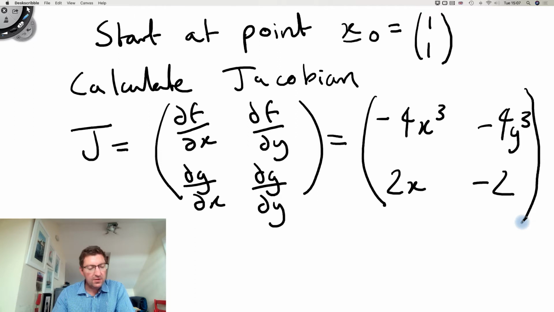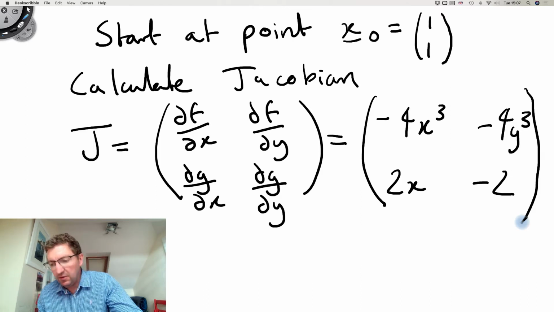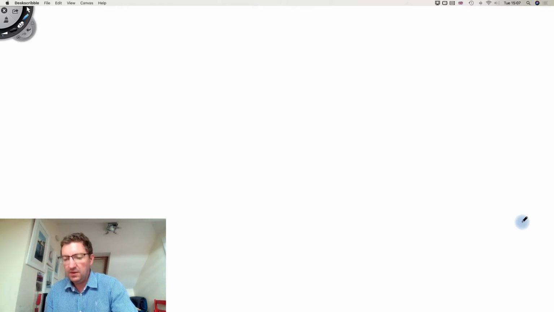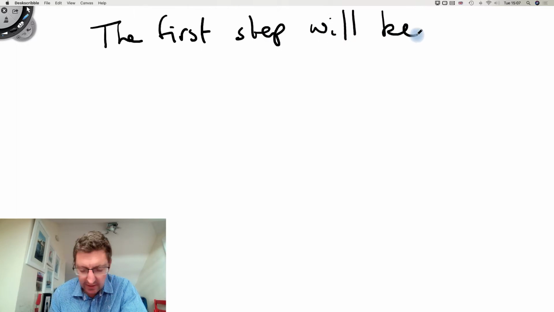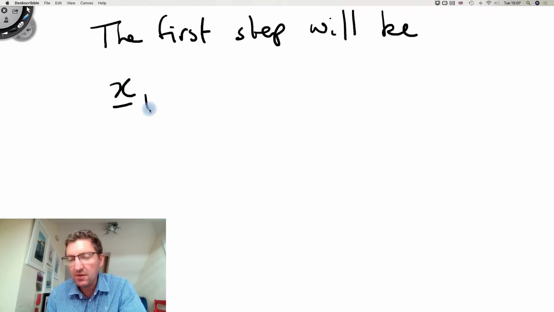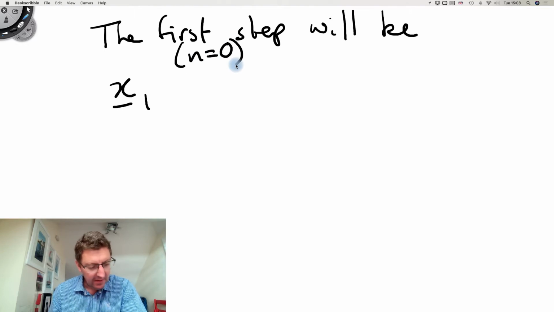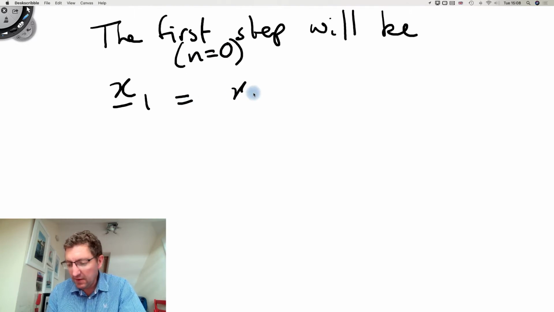And then we're going to do the first step of the algorithm with that. So the first step will be that x1, putting n as 0 into our formula, n equals 0 by the way, your x vector 1 is x0 minus J inverse.